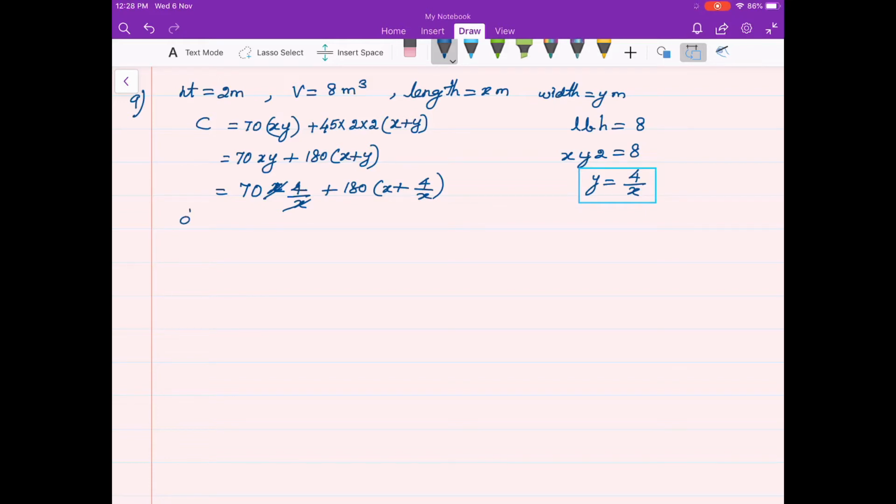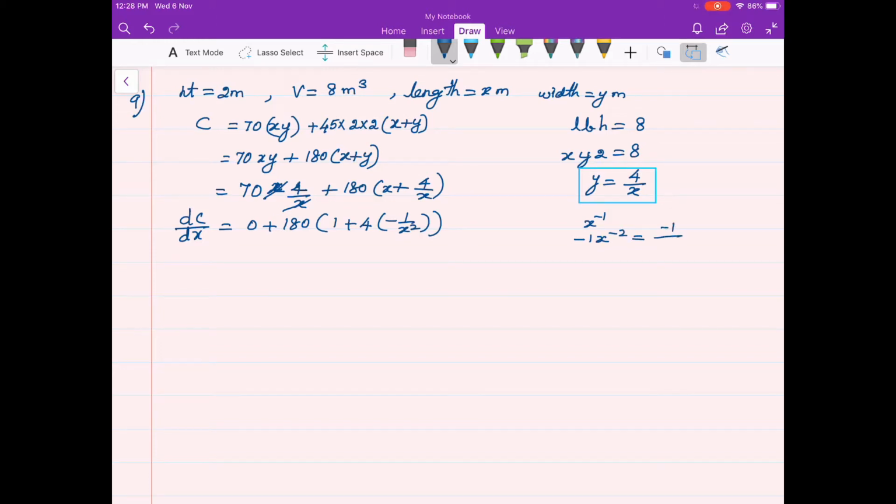Now, let us differentiate with respect to x. 70 into 4 is a constant, derivative is 0. 180 times differential of x is 1 and differential of 1 by x is minus 1 divided by x square. That is, 1 by x can be written as x raised to minus 1. Use n into x power n minus 1 differentiation formula.